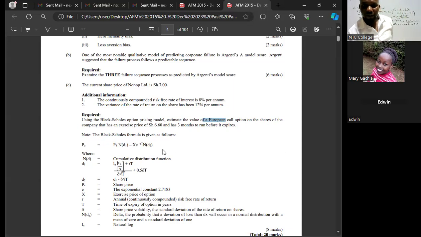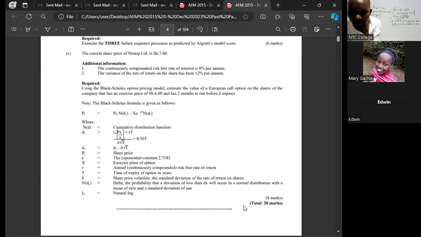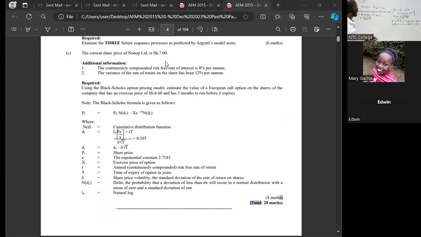How many can try this? Can we try it? First, you put what you've been given down. That is 8 marks. That's why marks haikuangi kidogo. We can try it. Marks ni mingi. So you start by writing down what you've been given. Acha tufanye hiyo pamoja. Ndio mshike hii.